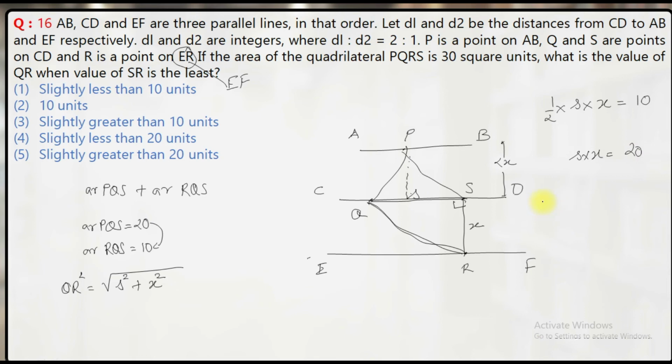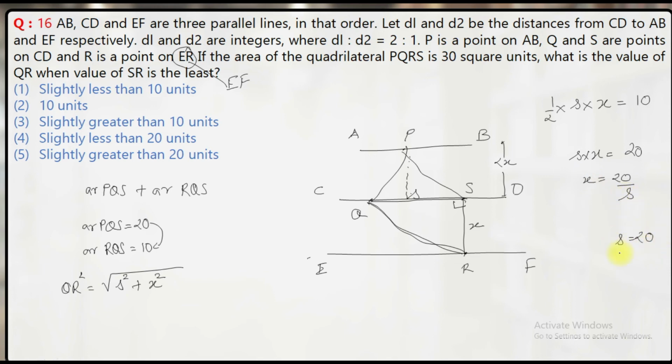S into X must be equal to 20, and we know that D1 and D2 are integers. This X must be equal to D2. So X becomes 20 by S. And the minimum possible value of this X must be equal to how much? 1. Because I'll put S is equal to 20.